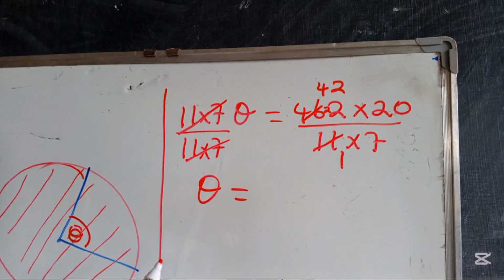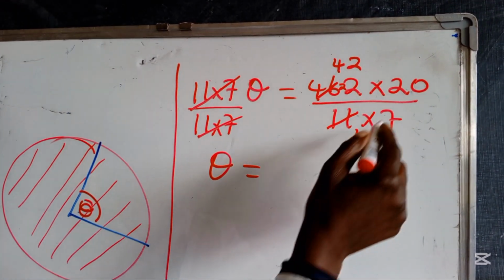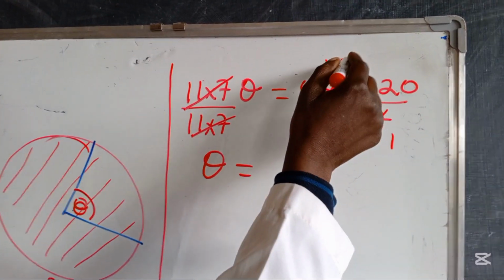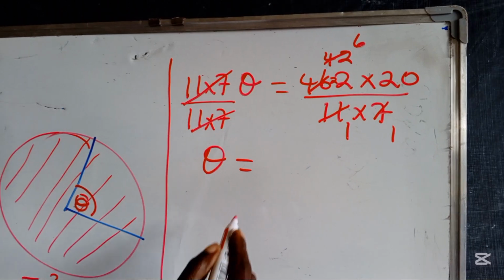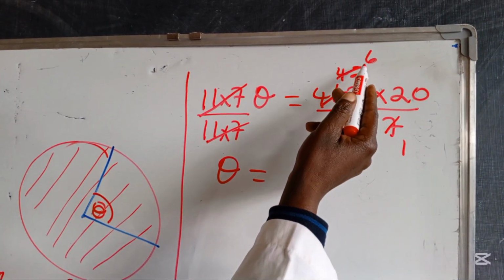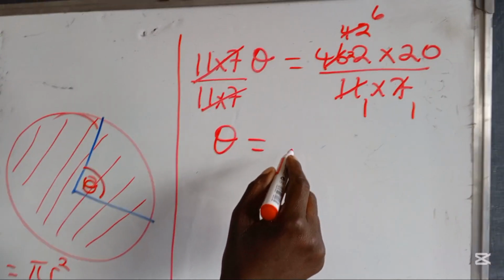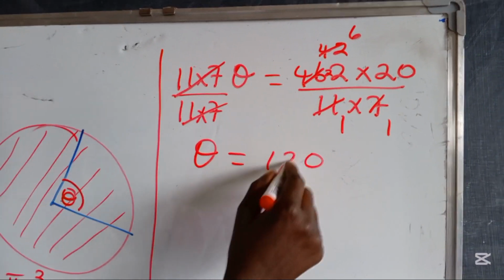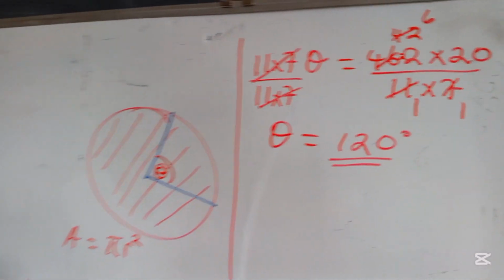From there now, very simple. I think 7 can go there. 7 into 42 is 6. I think now we can do justice. What is 6 times 20? It is 120. And this will be the theta, which is the answer.